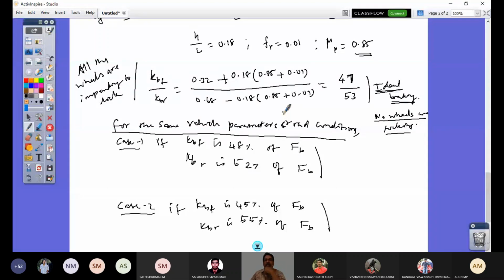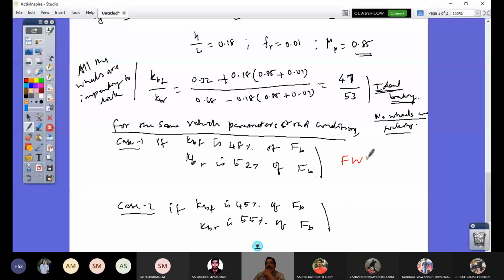So if we have this condition, now which wheel will lock first? That's the question. I got some answer from you. Can you repeat the answer? Which will lock in this case one? Is it the front wheel locking or rear wheel locking? So the front wheels are locking here, right?